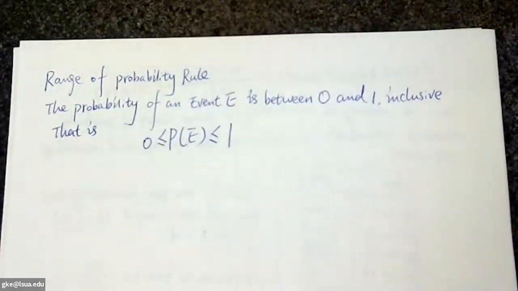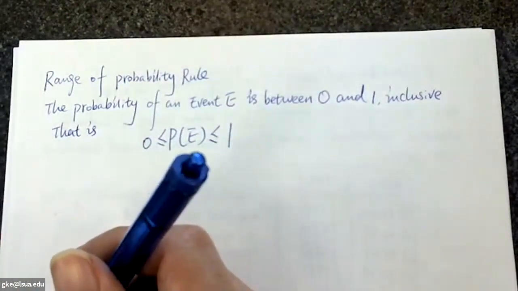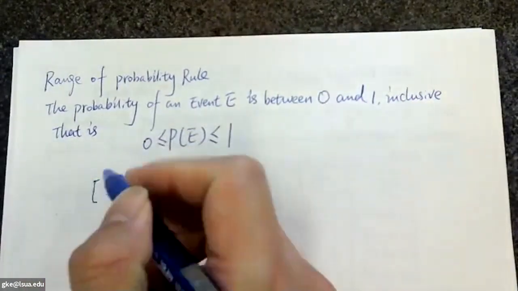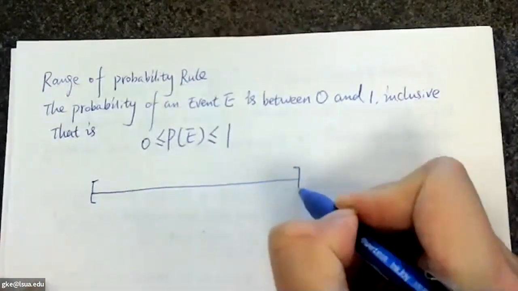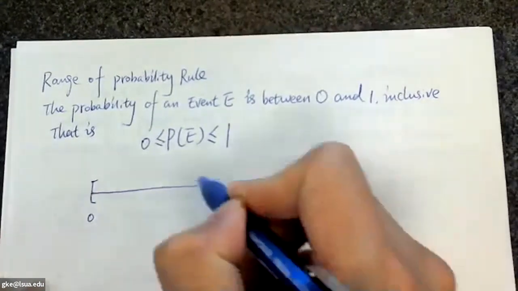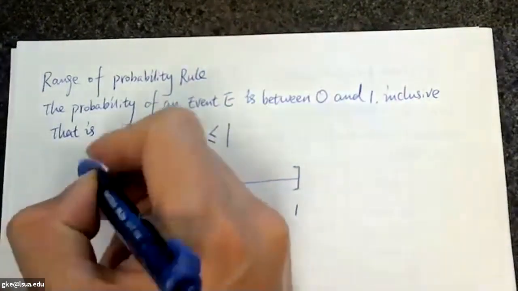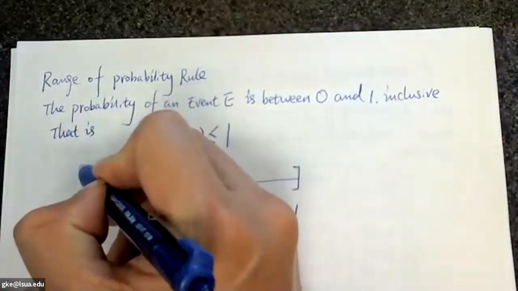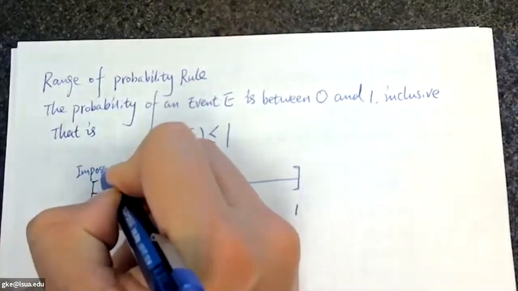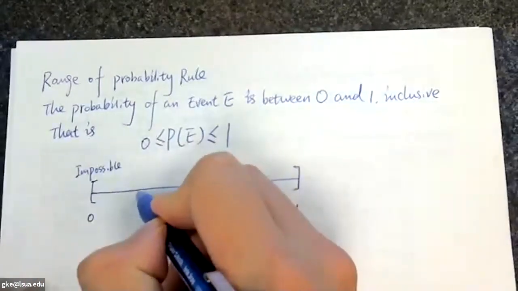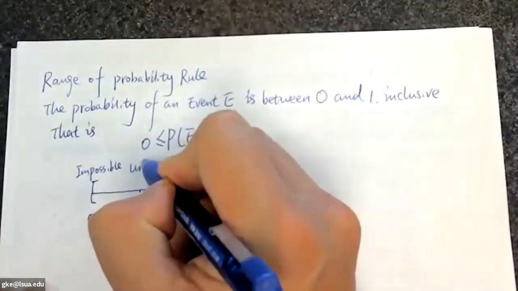So let's take a look. This picture is gonna help you guys understand the application of probability. Zero and 1. If probability equals 0, that means impossible. If probability is 0.25, unlikely.